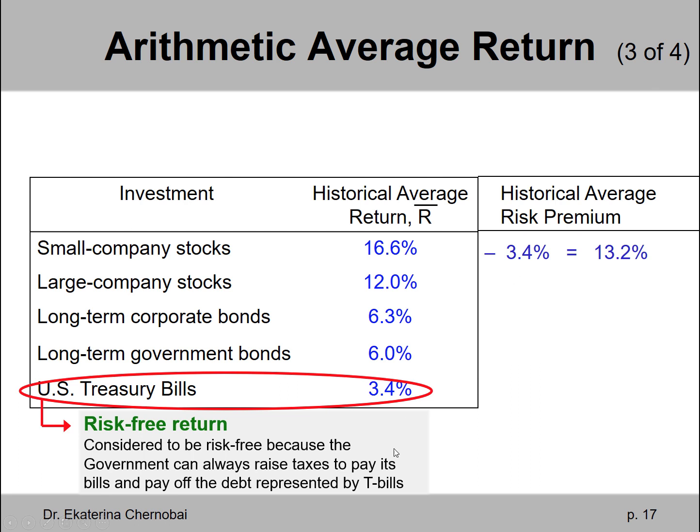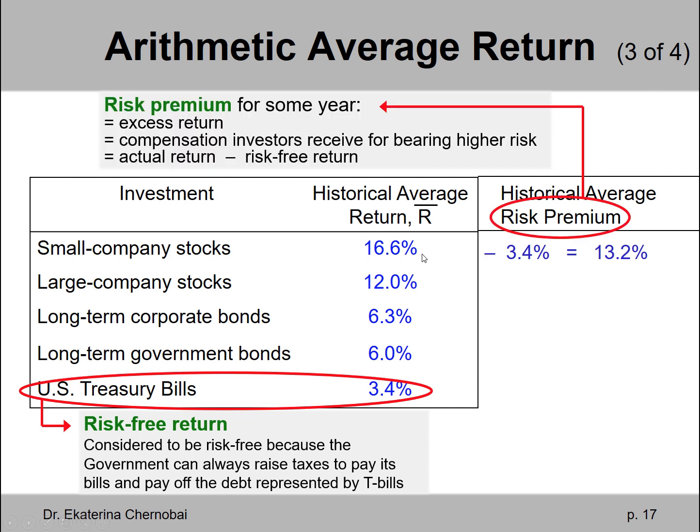What happens if we subtract this 3.4% from, let's say, the 16.6% average return every year from small company stocks? So 16.6% minus 3.4%, that gives 13.2%. What does it mean?